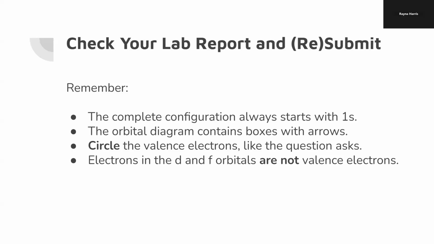Because when we're talking about ions, which we're going to do in a minute, the electrons that get shared are the valence electrons. The electrons in the first and second shell are not going to go to another element. It's only the valence electrons that can be shared with another element.